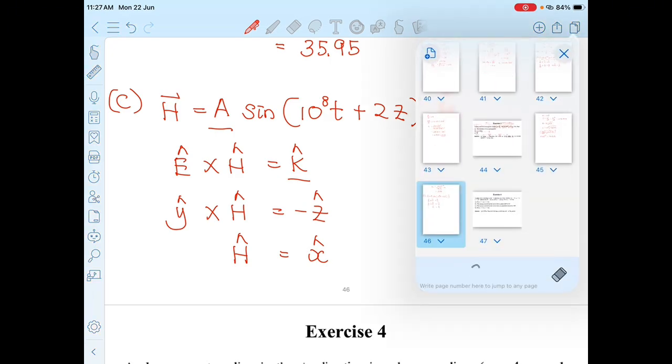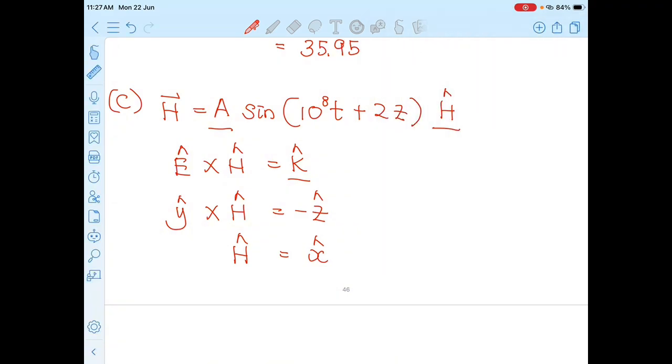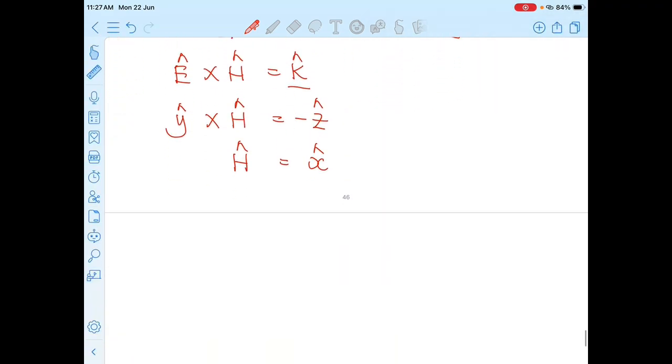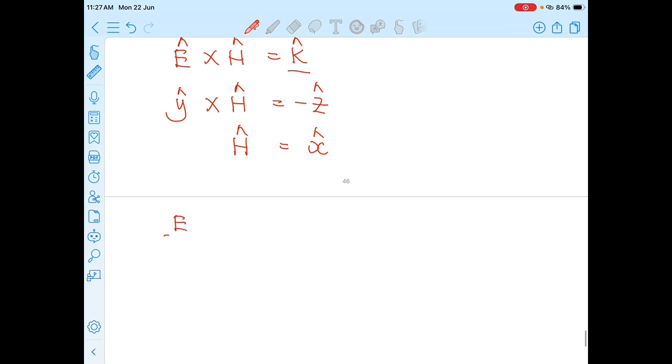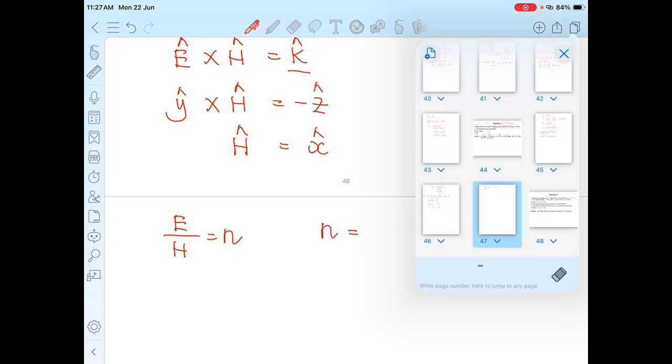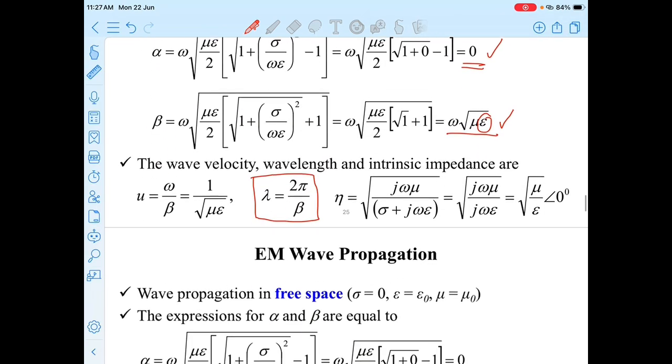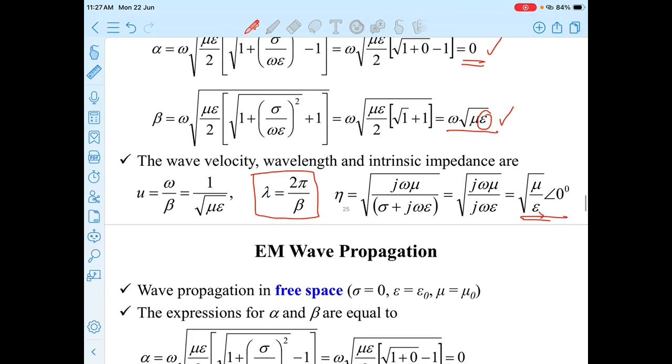So this is the direction of the magnetic field, and for the magnitude, we need to use this relationship. But we need to know first what is eta, the intrinsic impedance. So let's flip back to the lossless case and see how to find the intrinsic impedance of lossless mediums.